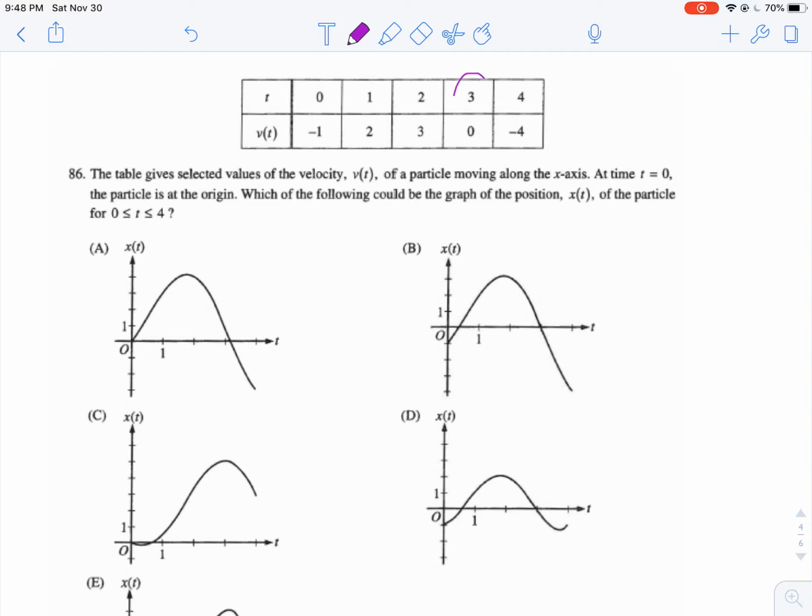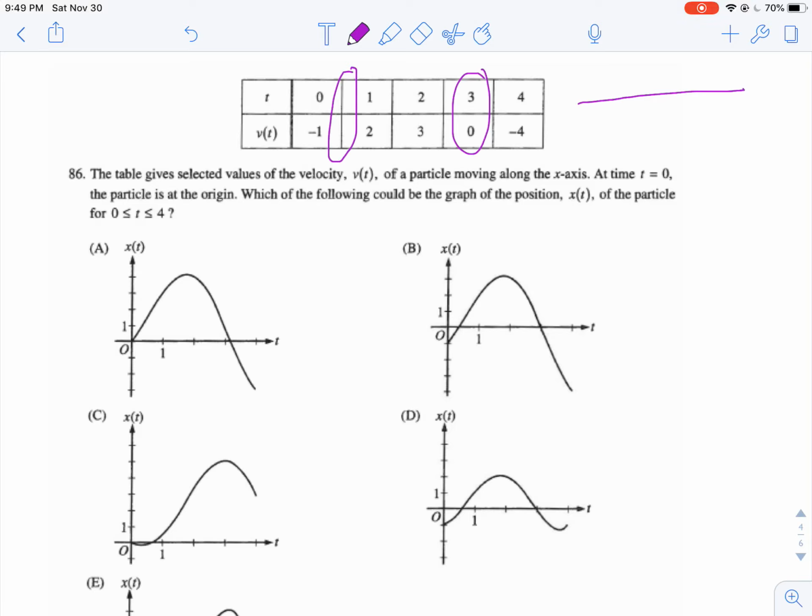All right, so I see a critical value right here, our v of t equals 0. Does it say continuous function? Well, all of our graphs are continuous, so I guess we can assume it's continuous. It's going to have to equal 0 somewhere in between -1 and -2. I'm not sure exactly where.